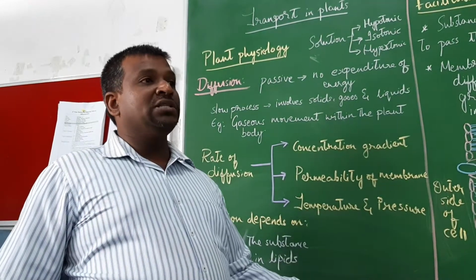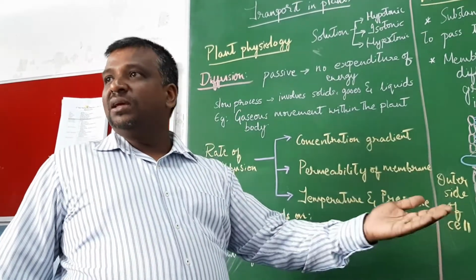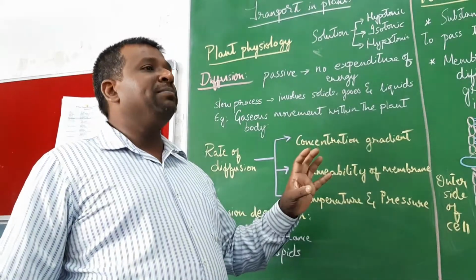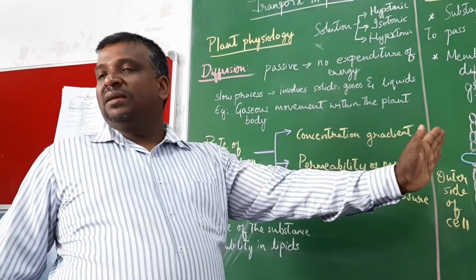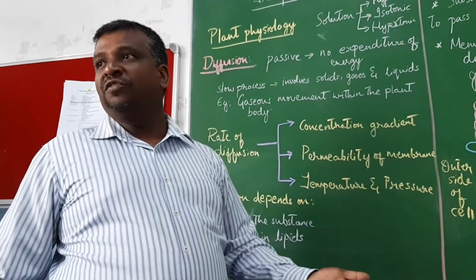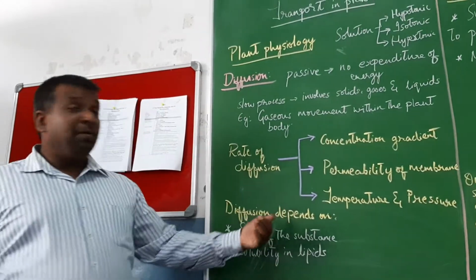Temperature and pressure also either favor diffusion or decrease its rate. At an optimum temperature there would be better diffusion, and at lower or higher temperatures there might not be diffusion. It might affect that. So please remember it.